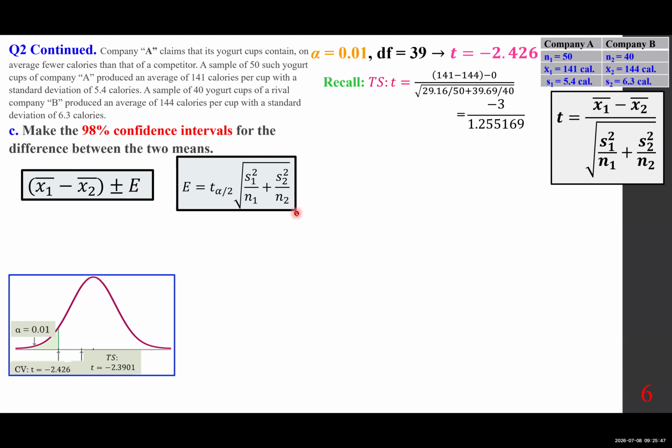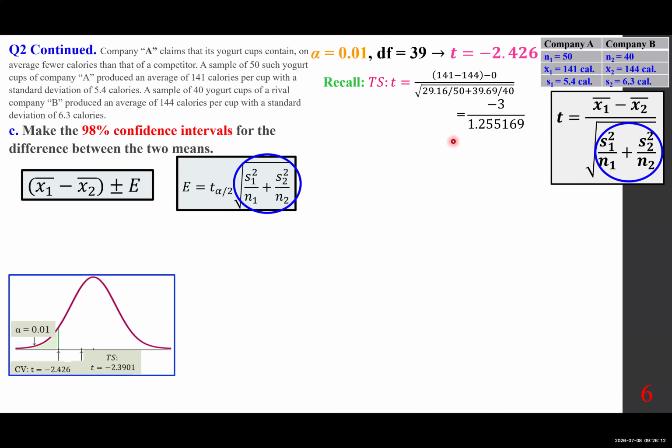It's important to know this part is the denominator, which is already done, and t was the one that we picked at 2.426. Remember, we put the positive one here because plus or minus will take care of that. In other words, this comes from this one.